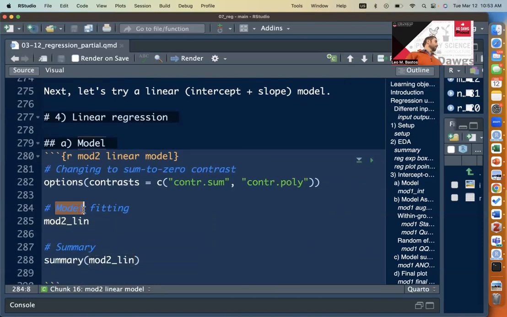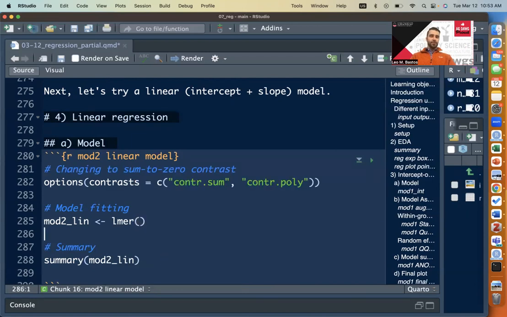So it's our second model and it's the linear model. And again, when I say linear in this case, I'm really referring to the fact that it is an intercept plus slope model. Because really the previous model, in relation to the parameters of the model, both of them are actually linear. All right, so if we come here, let's continue using lmer.